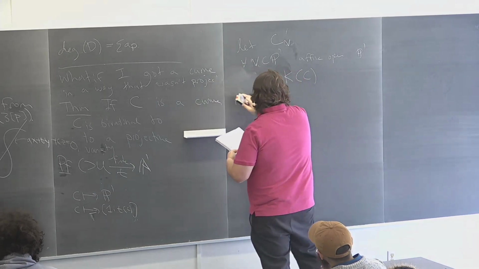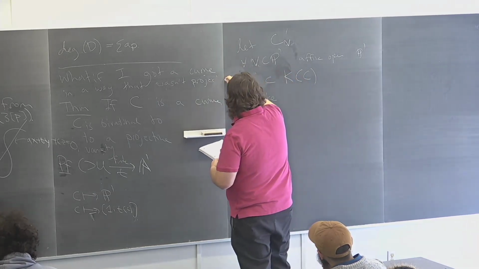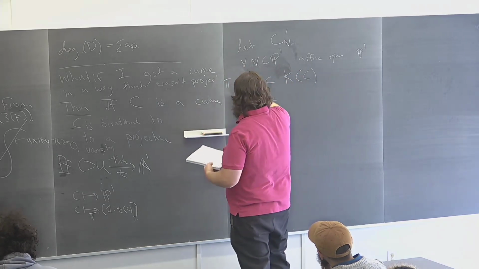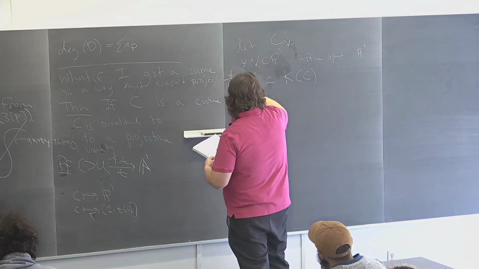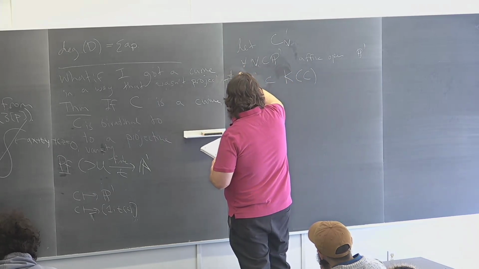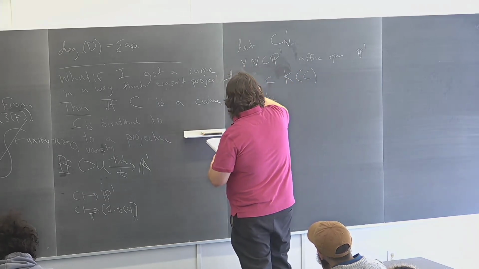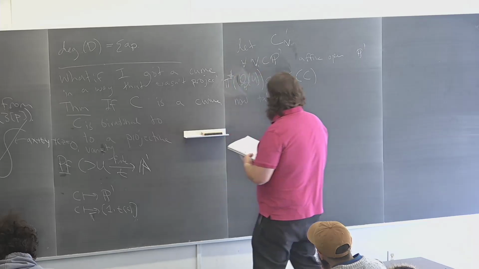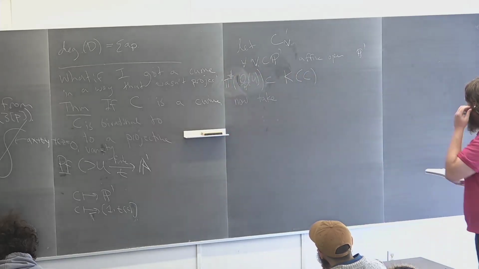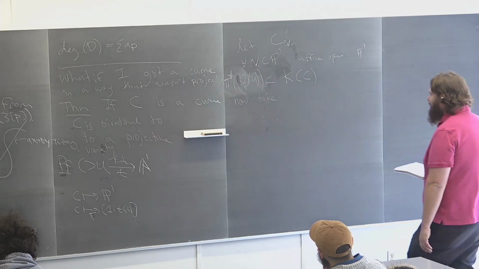Not paying enough attention to my notes and being bad. So I have this map to P1. I can take functions on P1 and pull them back. I just have to literally write what's in my notes. Somehow I'm struggling with that. So what am I doing?